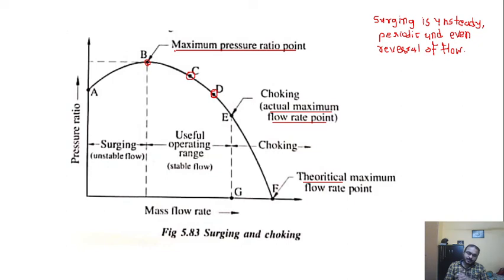Now if we further attempt to reduce the mass flow rate, then the pressure ratio does not increase, rather it starts decreasing here, as you can see. And if we further keep on reducing the mass flow rate, it will reach point number A, where the mass flow rate is 0 and the pressure ratio is here.